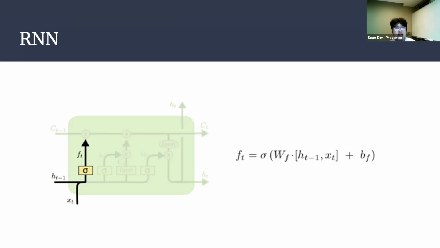In this phase, h_{t-1} and x_t are the input, and it gives C_{t-1} a value between 0 and 1. If the value is 1, it means that all information should be kept. If the value is 0, all information should be thrown away.